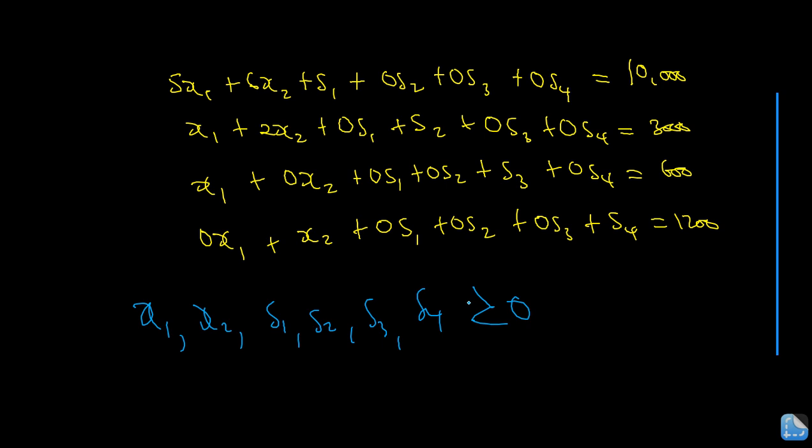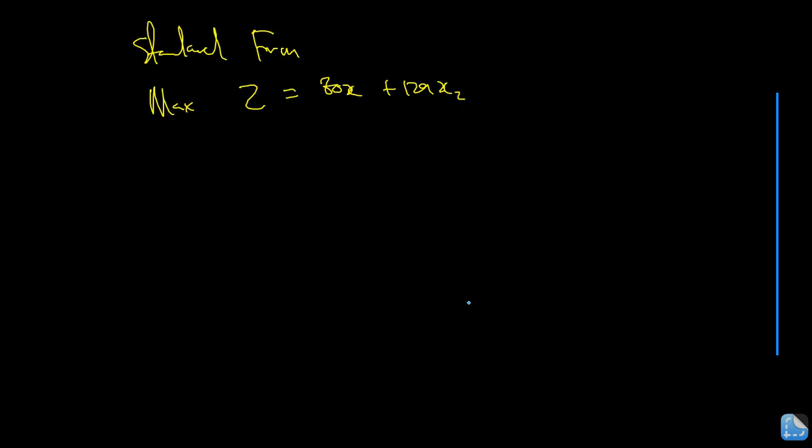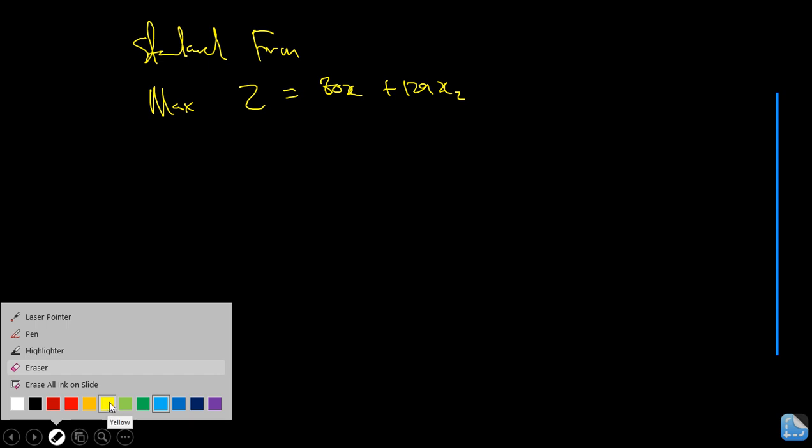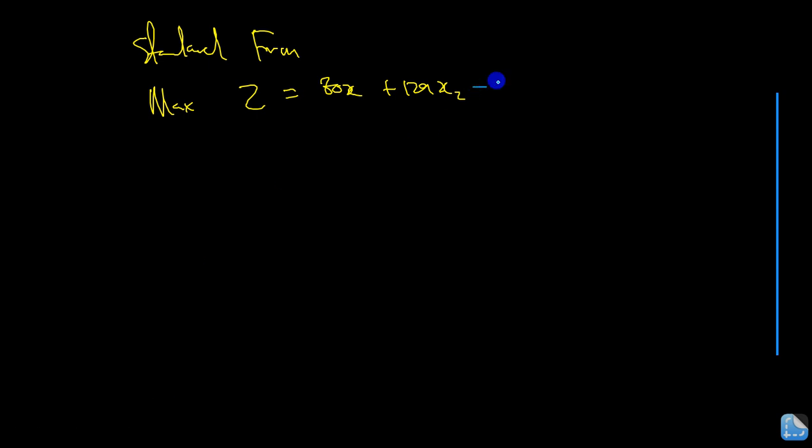Now once you have done this, you can go back to your objective function and basically say minus 0 s1 minus 0 s2 minus 0 s3 then minus 0 s4. Okay, then standardize it once again.